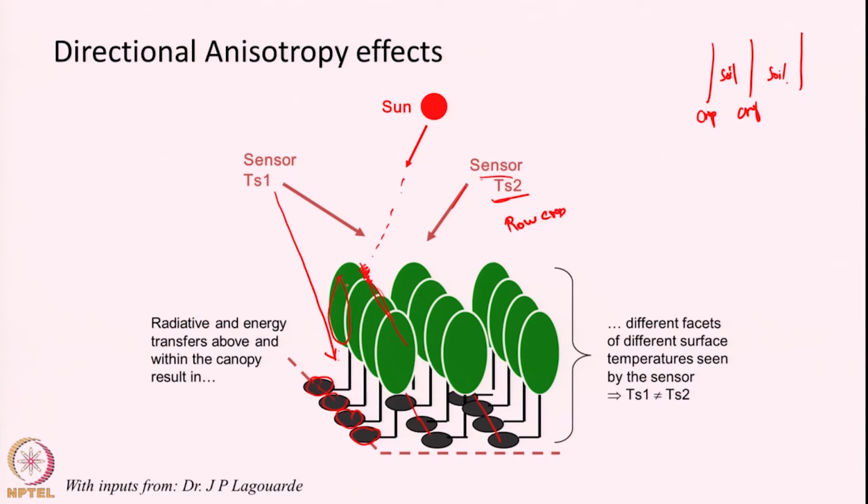So, this sort of change in solar heating will influence which side of the vegetation canopy is heated. If there is a tall tree standing and solar radiation is from this side, one side of the tree will be heated up faster than the other side. Similarly, on the other side the soil will be in shadow, the temperature will be lower.